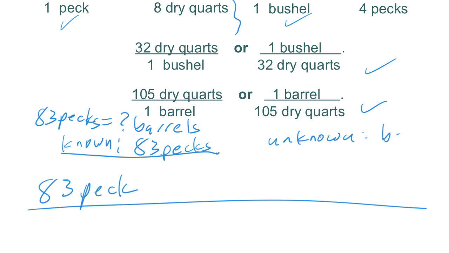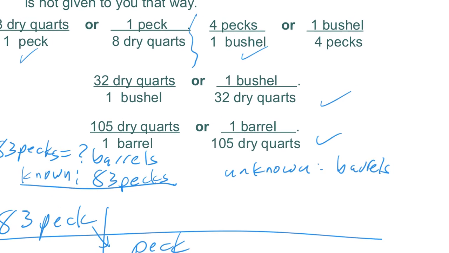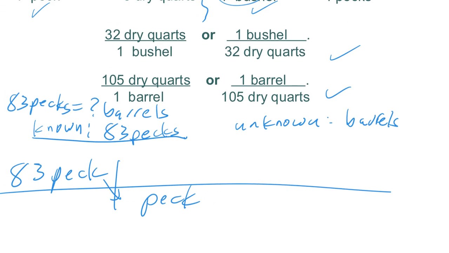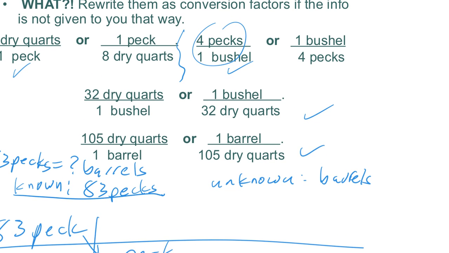Barrels. So can I immediately go from pecks to barrels? Is there a conversion with pecks and barrels up here? No, pecks and bushels, but not pecks and barrels. So I'm going to have to find another one with pecks. I guess right here I could use pecks a bushel. So what's the units? 4 pecks per 1 bushel.